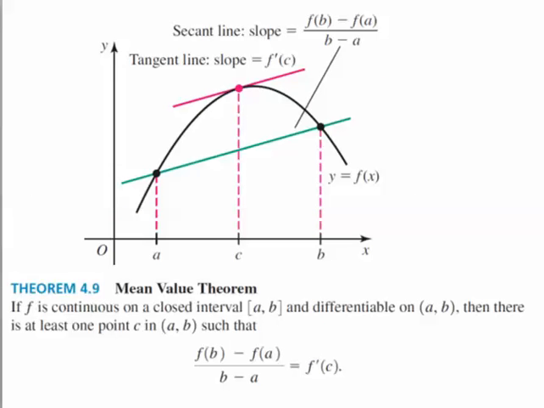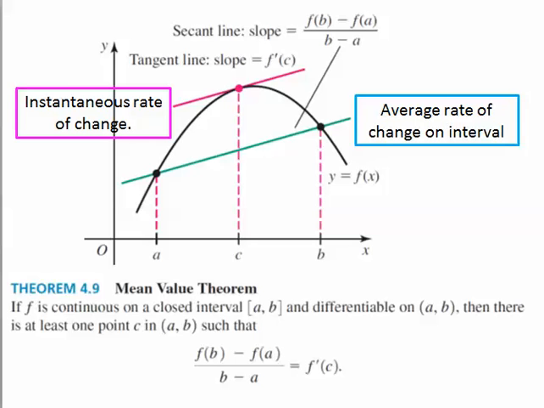Now the mean value theorem. And the mean value theorem is proven using Rolle's theorem. Now, the mean value theorem starts off in a very similar fashion, continuous on the closed interval and differentiable on the open interval. What the mean value theorem does is it guarantees that there's one place on the open interval where the slope of the tangent line is equal to the slope of the secant line that connects the two endpoints.